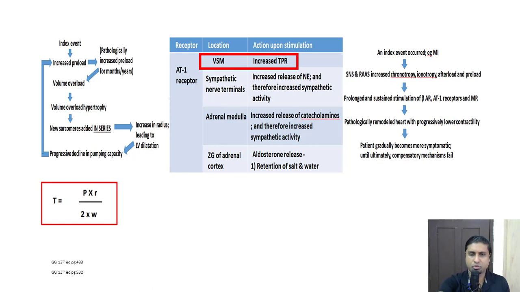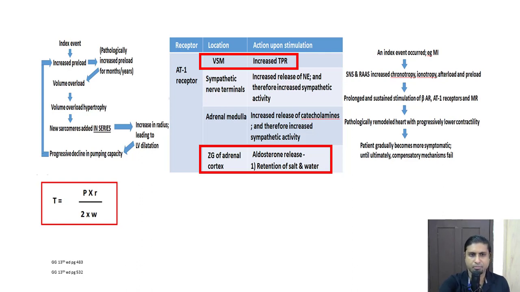Administration of an ACE inhibitor would also reduce the amount of angiotensin 2 available to bind to AT1 receptors in the zona glomerulosa of the adrenal cortex. This would reduce the amount of aldosterone, and thereby this would reduce the preload even more. So, reduction of preload and afterload means a reduction in the diastolic wall stress and systolic wall stress respectively.